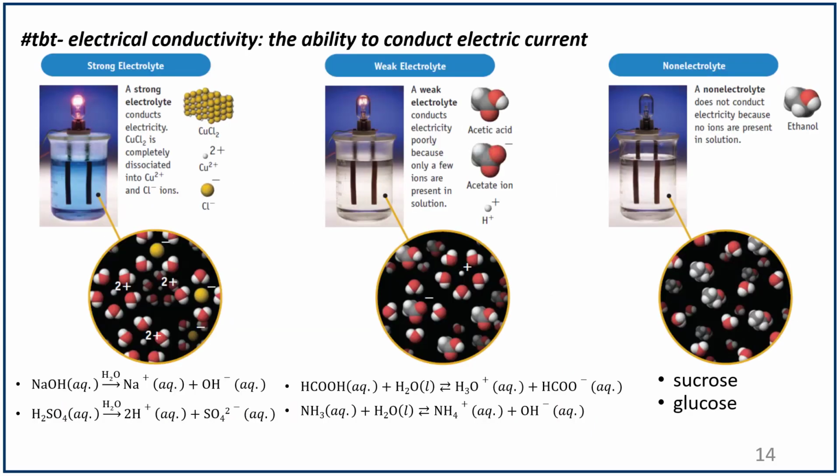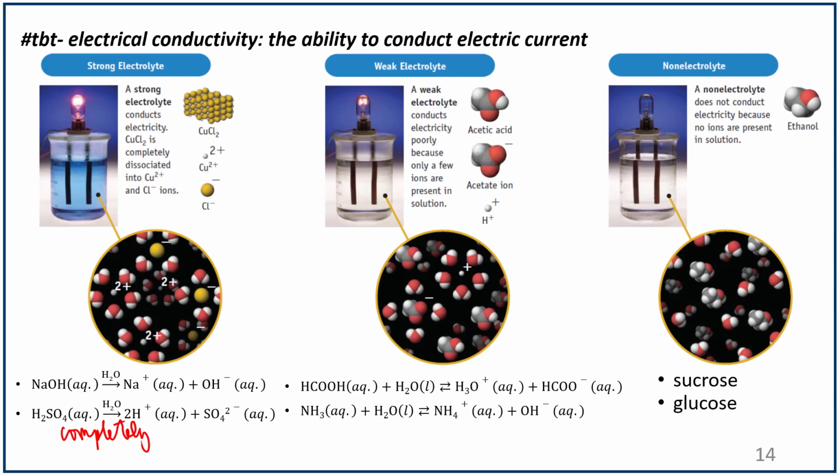But just to give you a recap, what makes an acid strong is that it is a strong electrolyte. The same goes with a strong base. A strong electrolyte completely, again, the word is completely, dissociates into ions in solution.